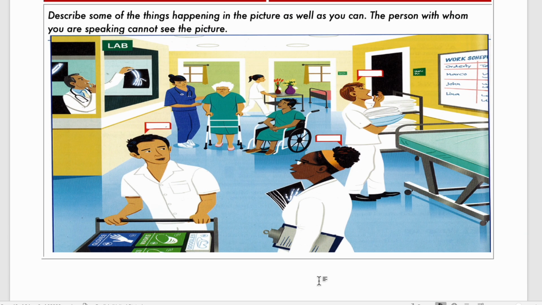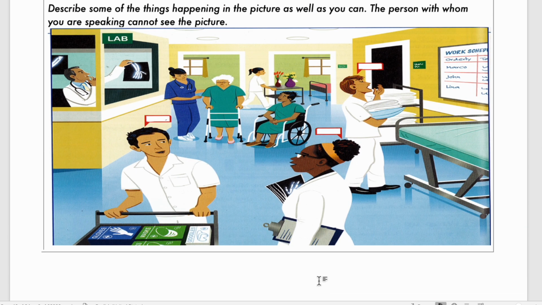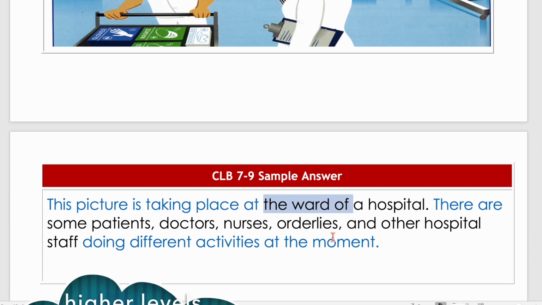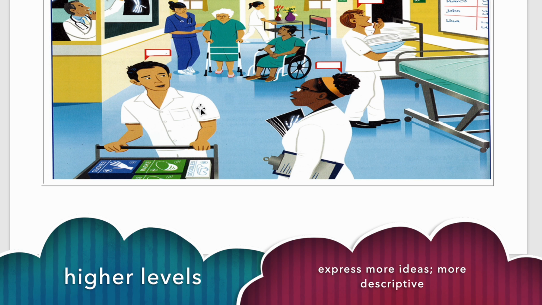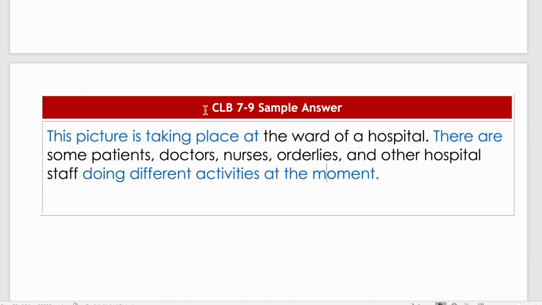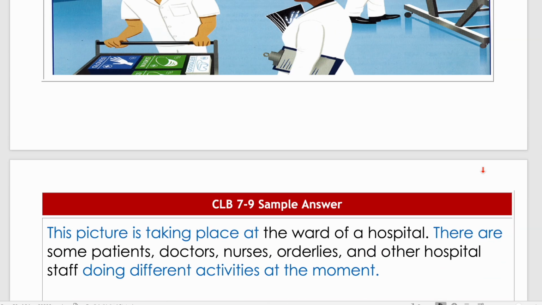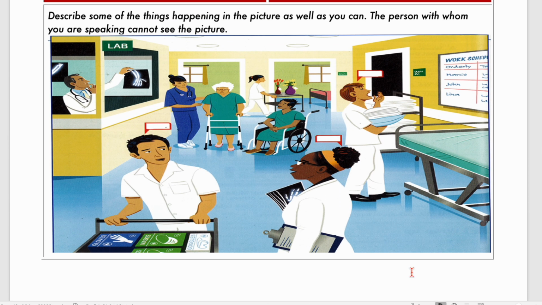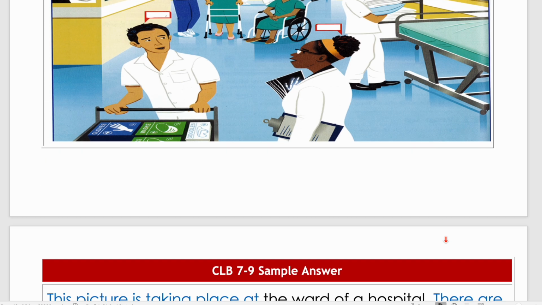Also, lower levels will say there are some doctors and patients or just people. But higher levels will say right away all the kinds of people that we can see: patients, doctors, nurses, orderlies, and other hospital staff. That would be a really good way already for us to get a higher level, okay?